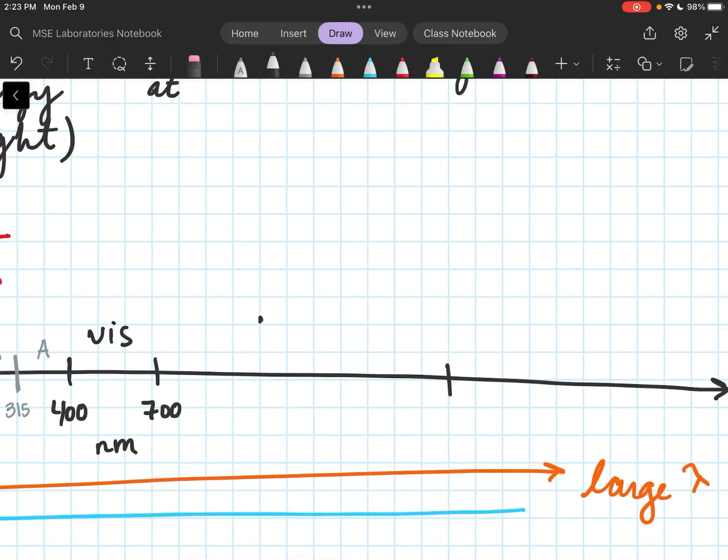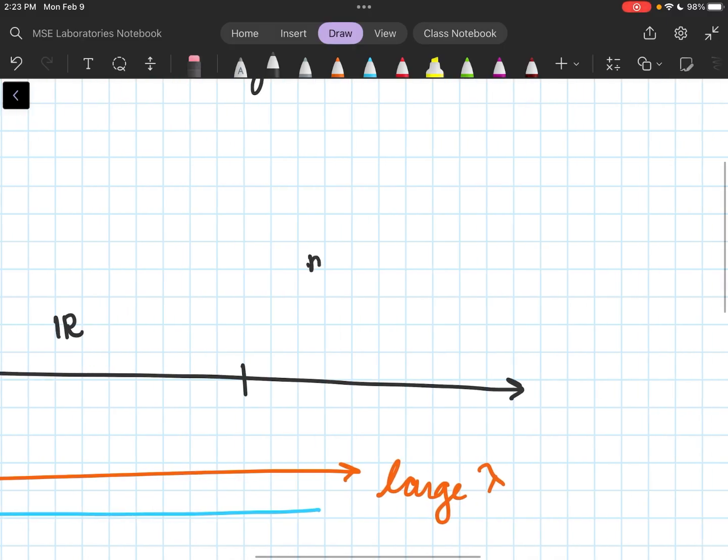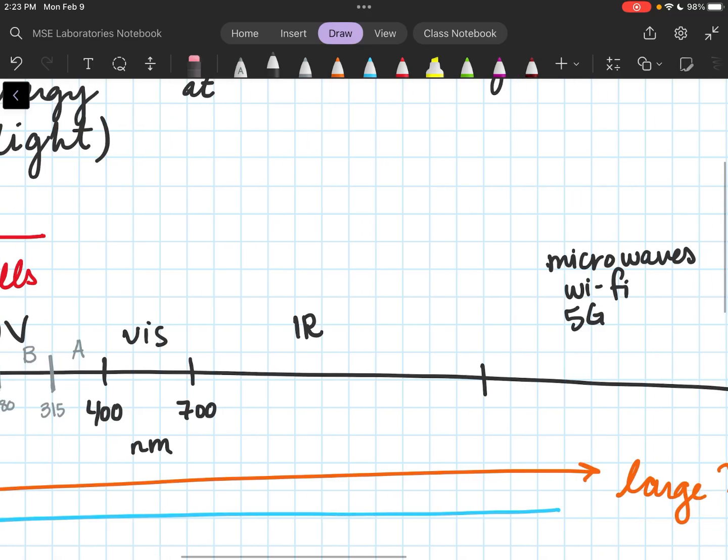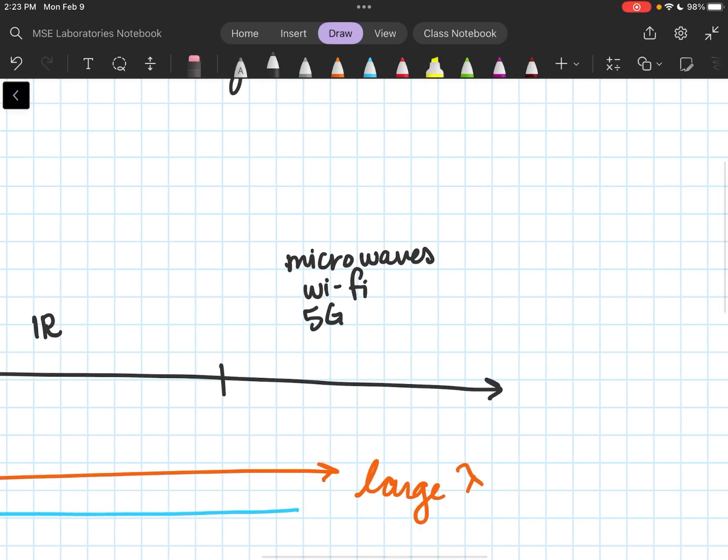Infrared. Yes. Up here we also have microwaves. We have Wi-Fi. We have 5G, which the whole world is scared about. You'll see it's very far away from the scary side of the spectrum.